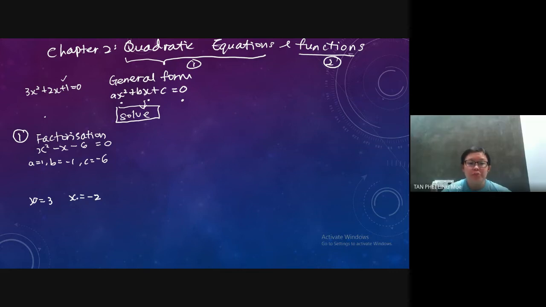To differentiate between these two x, I can label them as x1 and x2, but usually we don't do it in class because they are all x. So x equals to 3, x equals to negative 2. Remember that in class I teach you that you must show these two brackets. This is a crucial step because without it, people know that you are just pressing the calculator.